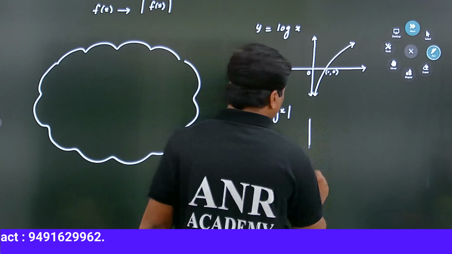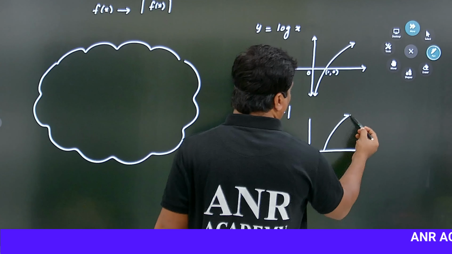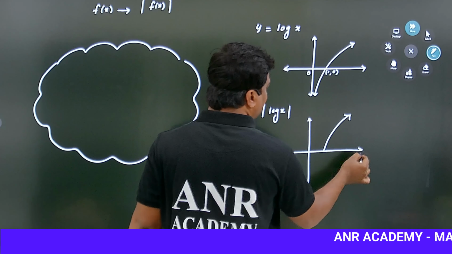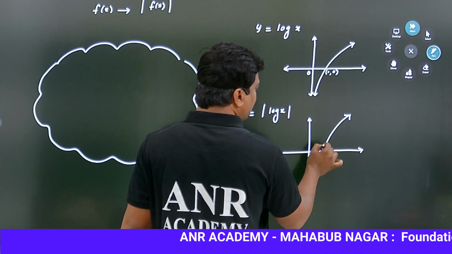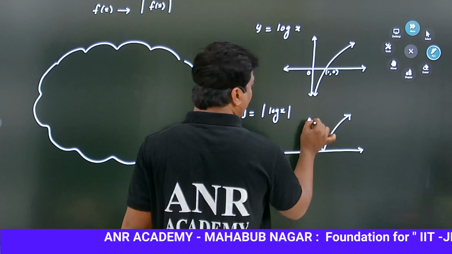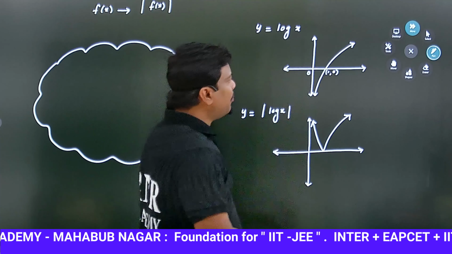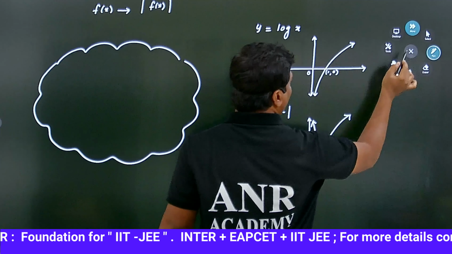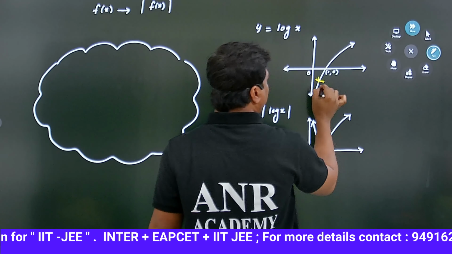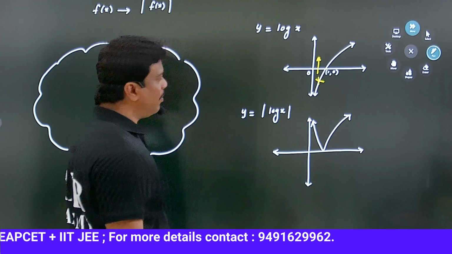So I keep the positive graph as it is, and the negative graph I am going to reflect over x. Why? Because when you put the modulus sign, the negative portion which you had previously becomes positive. So this is the graph of modulus log x.